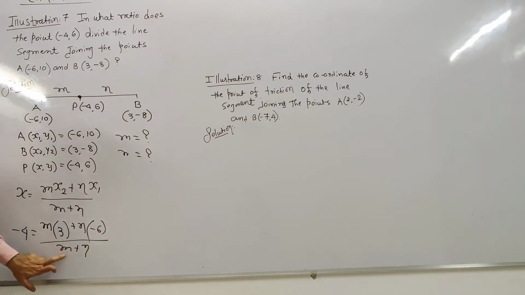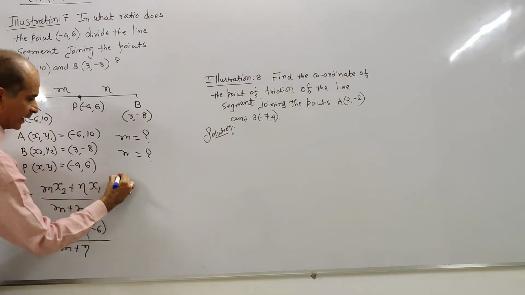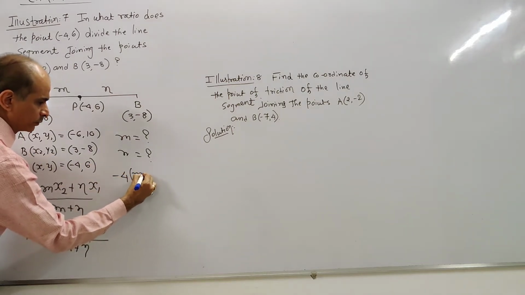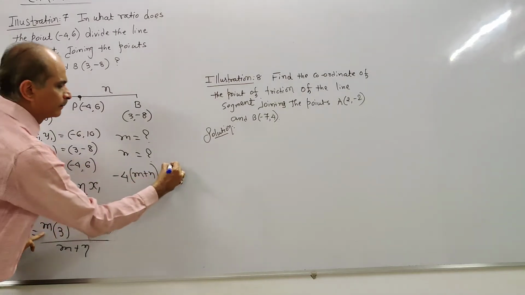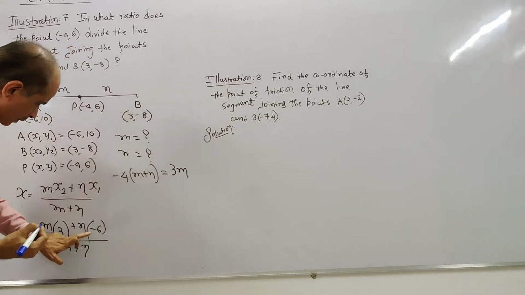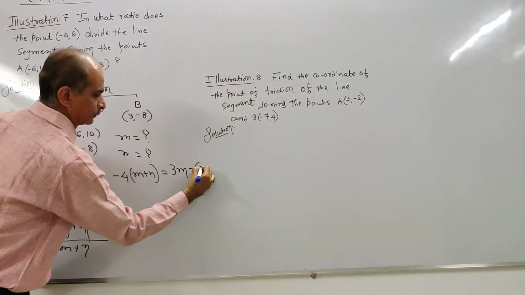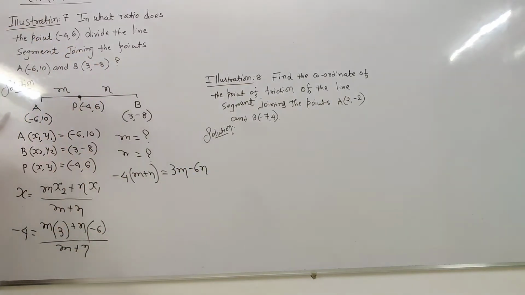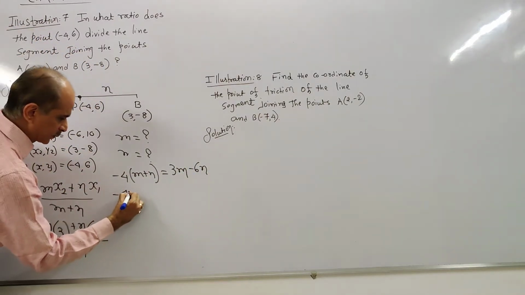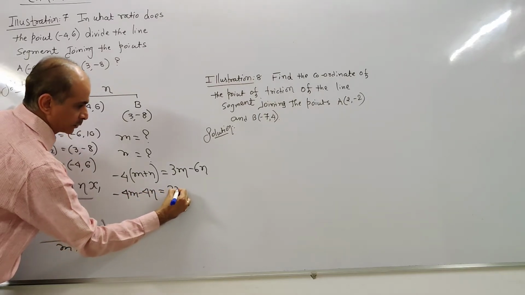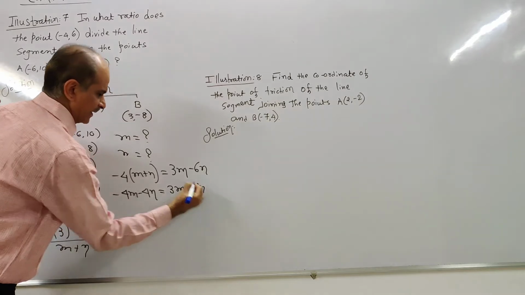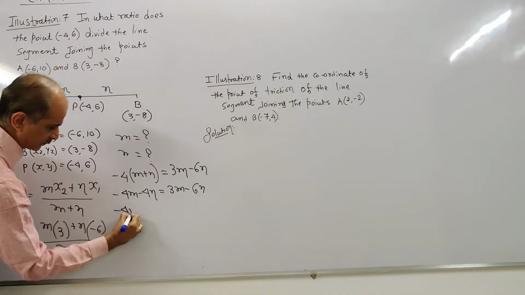If you cross multiply, you get -4 into (m + n) is equal to 3m minus 6n. So -4m minus 4n is equal to 3m minus 6n.